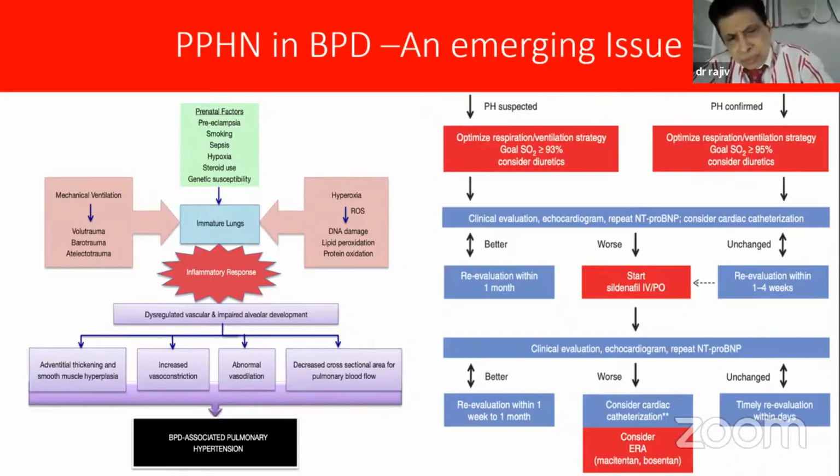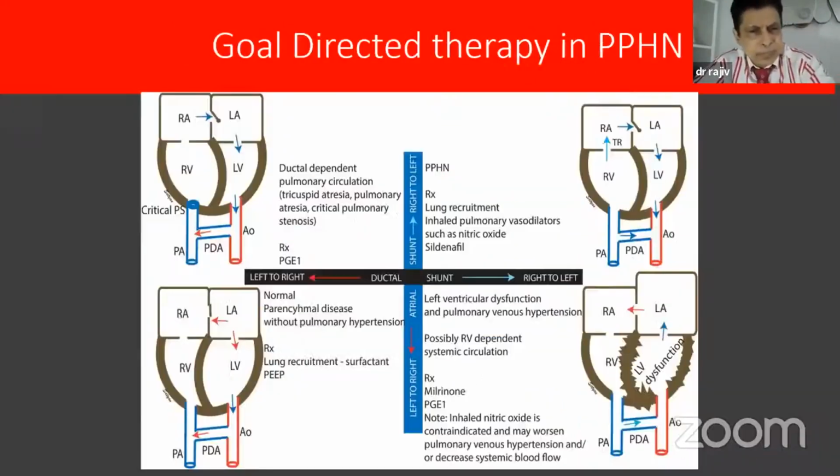But generally, it's used close to 1 to 2 months post-conceptional, so it may be in a safe period even for the eye. So let us conclude saying that yes, we can use sildenafil for PPHN in BPD, and you can add on bosentan. Next slide. This I already discussed. Next one.